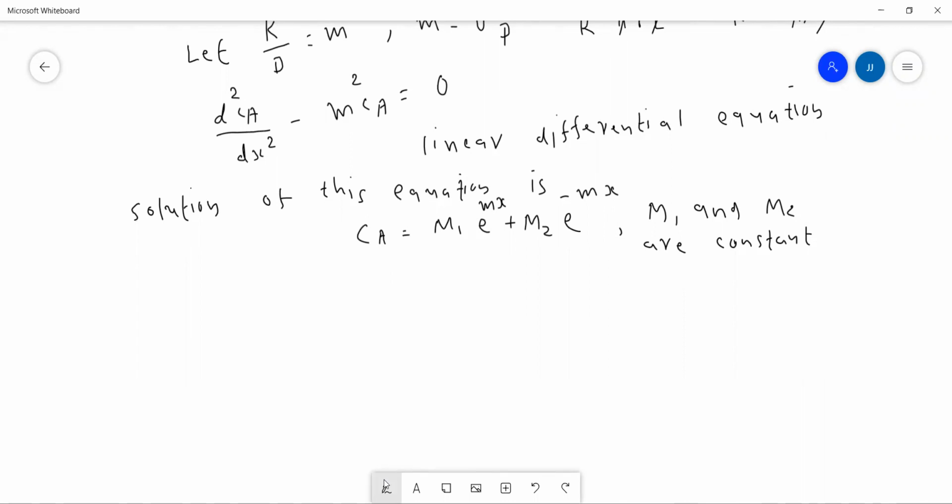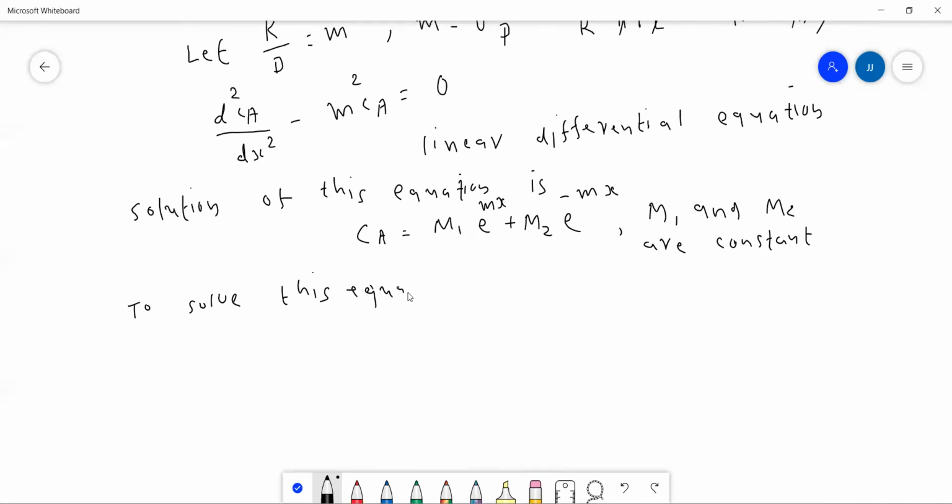Now to solve this equation, we require boundary conditions.